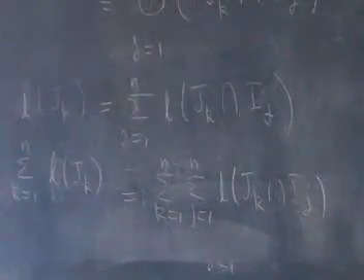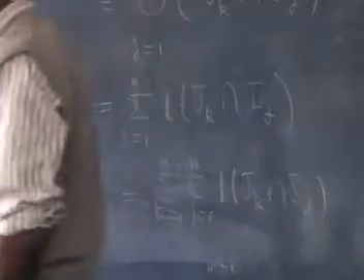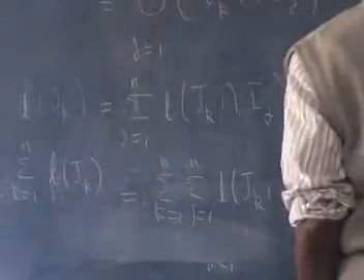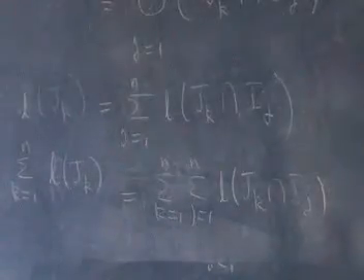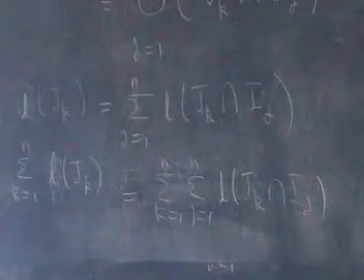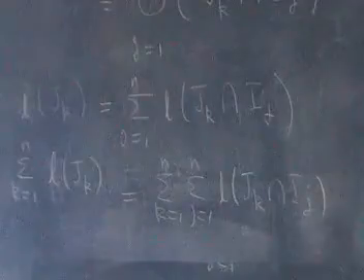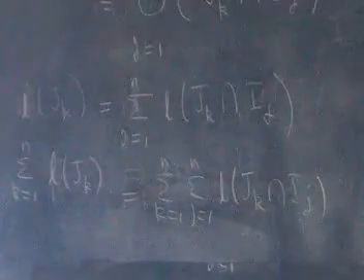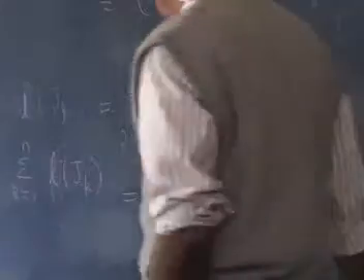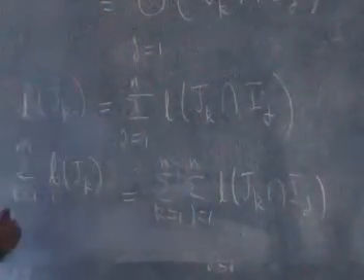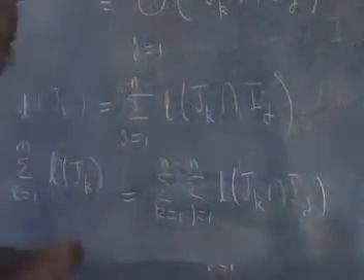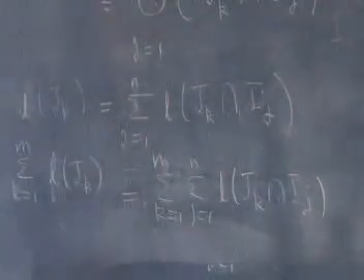That's right. Ij are disjoint, so this is I1, this is I2, this is I3, this is I4, and you can find the Jk part in each of these. Last but one equation, it should be k equal to 1 to m. Yes, you are absolutely right, it should be k equal to 1 to m.